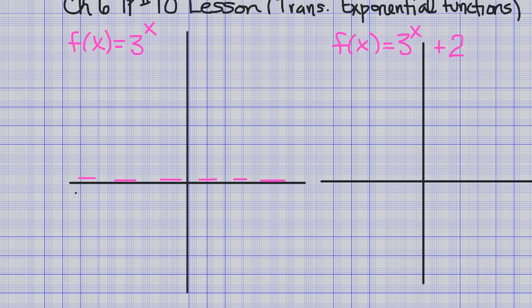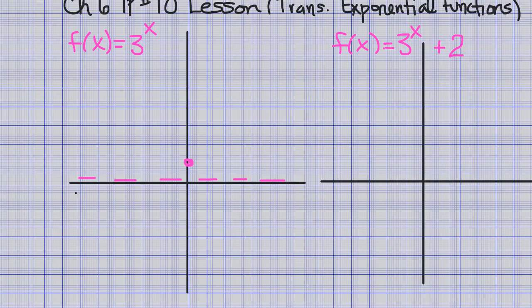If you put a 0 in for x, then that would be 1, so we know that the y-intercept is always 1 above the asymptote. That's an important trait for later.